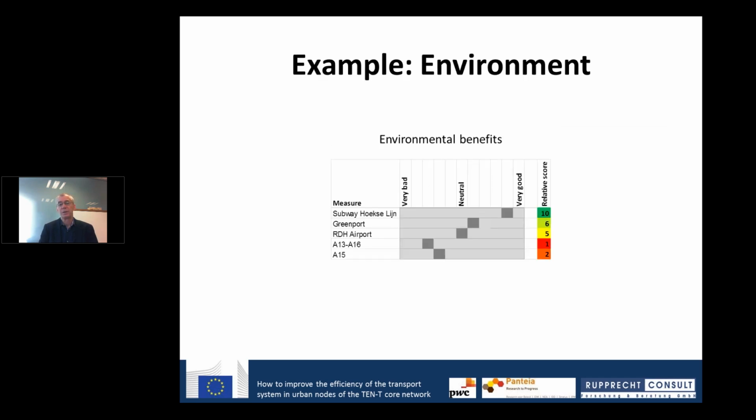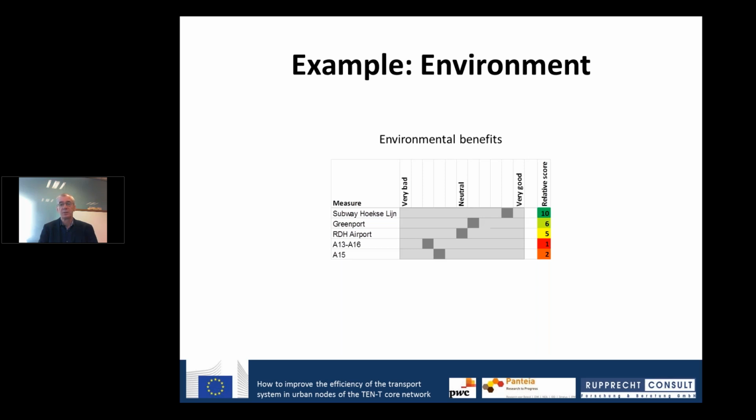So here's an example for the environmental benefits. And in the Rotterdam case, these were the scores. We scored them in a qualitative way again, from bad environmental benefits to very good environmental benefits. As can be seen, the A13, A16 scores least.